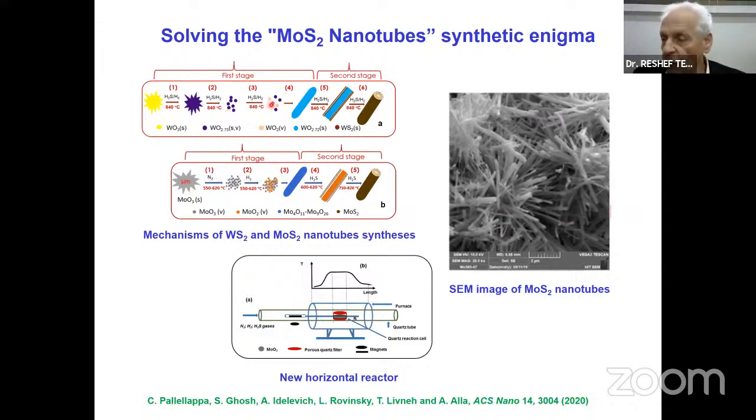You grow first the whisker of oxides, and then you sulfidize them, and they sulfidize inwards from top to the core, while in molybdenum disulfide, you have to change the flow of the gases and the temperature. And I won't go to the details, but it's a neat chemistry that has been developed by the group of Professor Zak recently.